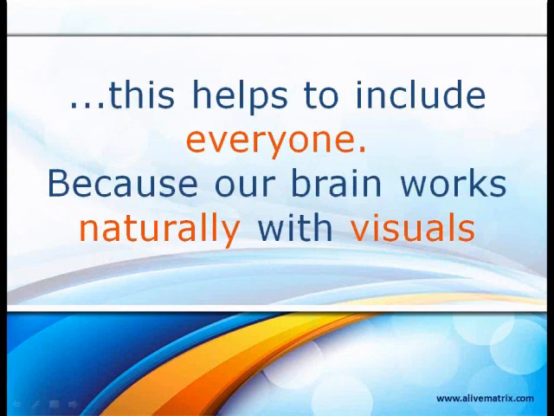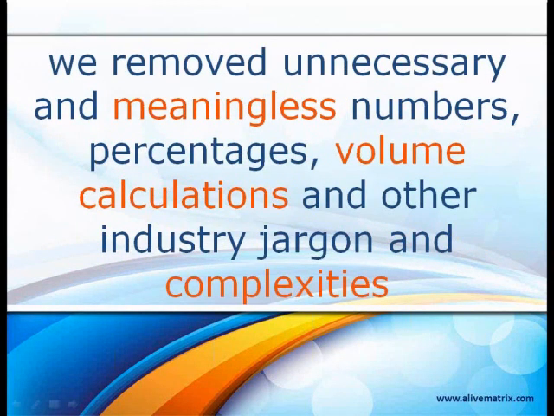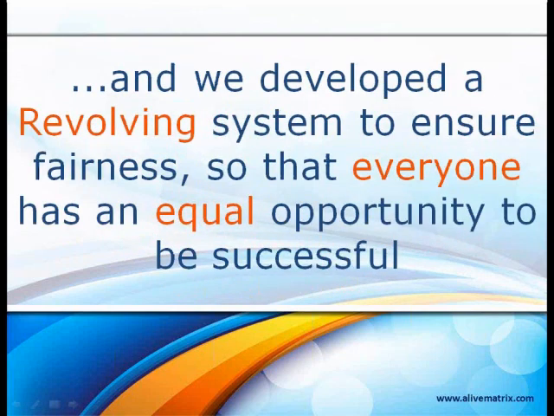This helps to include everyone because our brain works naturally with visuals. And as we aim to bring to the masses a simple and affordable business opportunity that works, we removed unnecessary and meaningless numbers, percentages, volume calculations, and other industry jargon and complexities.